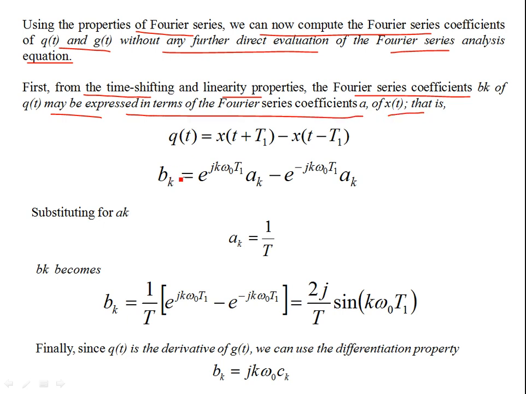For x(t), we have the Fourier coefficients a_k, which are identical for all k, equal to 1 over T, which we have evaluated before.